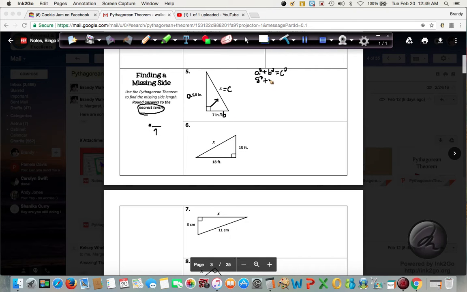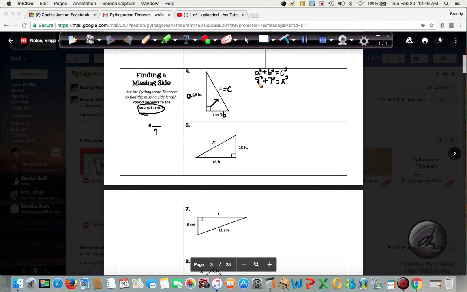B is 7. And C, we don't know what C is. C is X, right? So we are going to write X squared because we don't know what it is. So the first step is really label your sides, right? Draw your arrow, label your sides, and plug it into the formula.